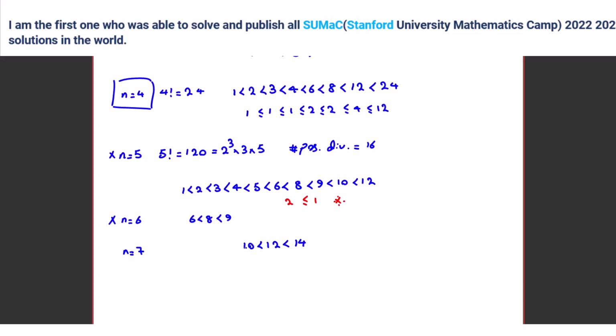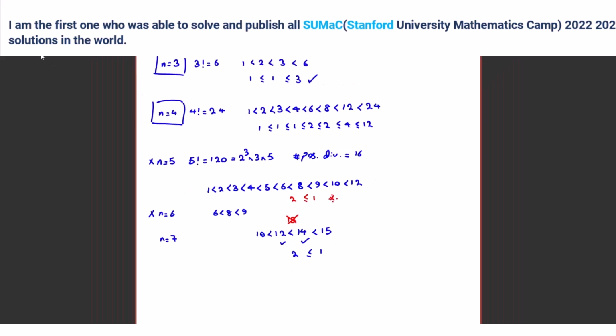So 9, 10, 12, 14, 15. We have 14, we have 12, so this difference is 1, this difference is 2, this difference is 1, right? So here, because we don't have 13, you have this problem, right? Yeah. Okay.